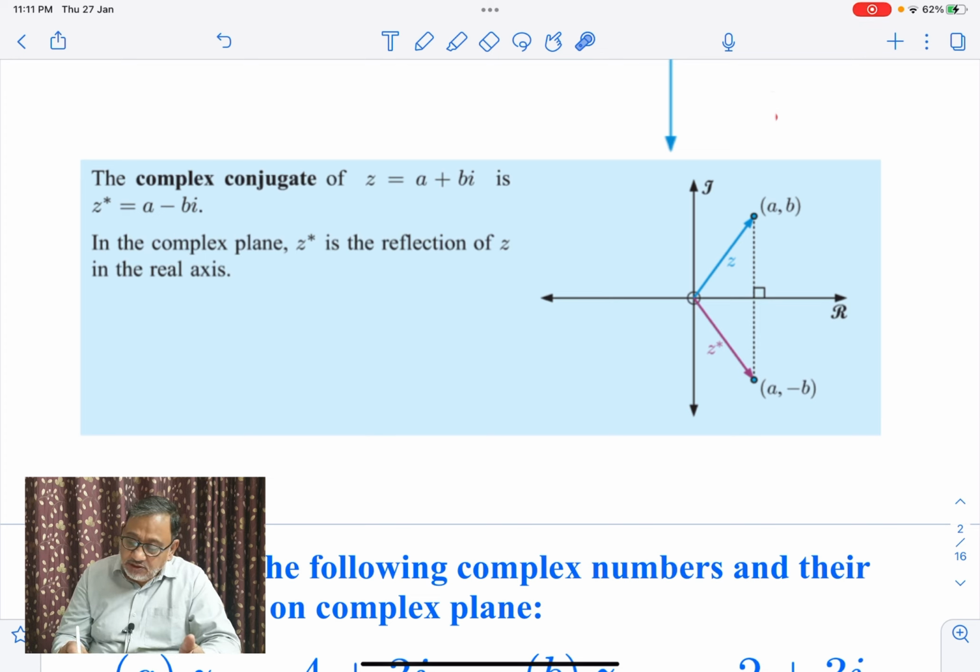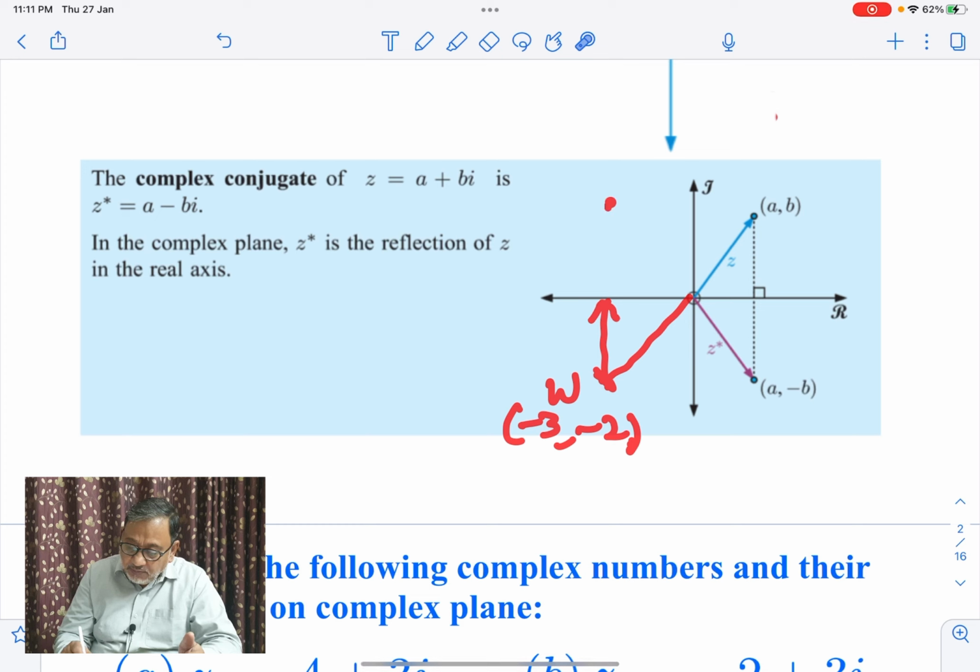So suppose a complex number is here, okay, suppose w is here, minus 3 minus 2, then its complex conjugate will be the reflection in the real axis, which will be above the real axis on the negative side, and here will be w conjugate. Okay, so I hope you will remember it.